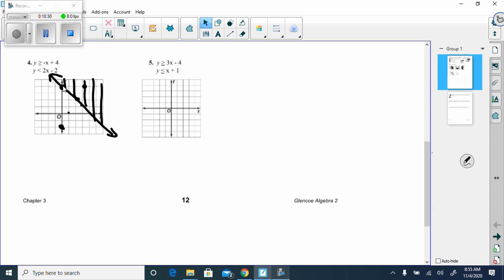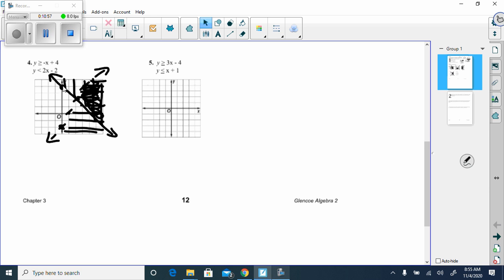Okay, and do I connect this one with a dotted or solid line? And do I want to shade above or below? Below. So everything below this line. Alright, so the area I double shaded is right here. So just make sure you really darken that area in.